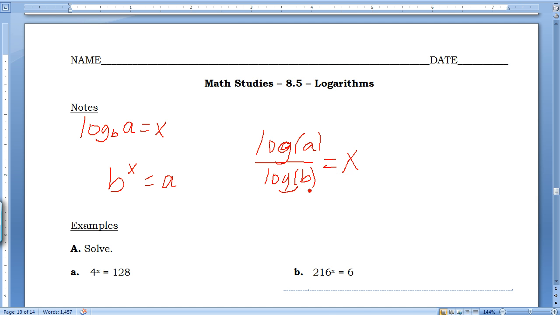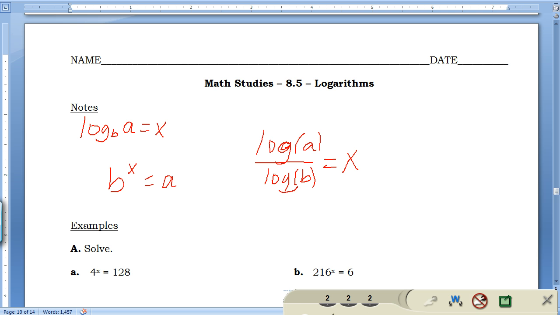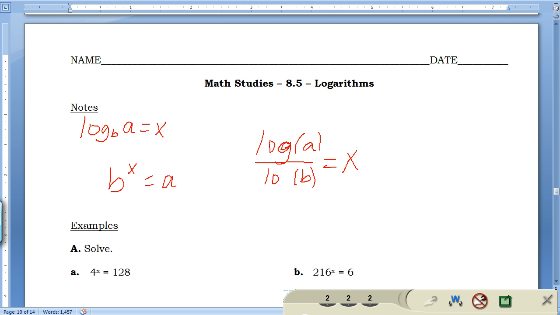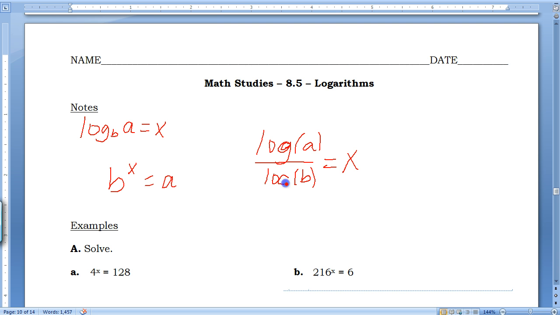Now that might not make too much sense, but when we do some examples, it should be pretty clear. So I'm going to scroll down and do these examples.